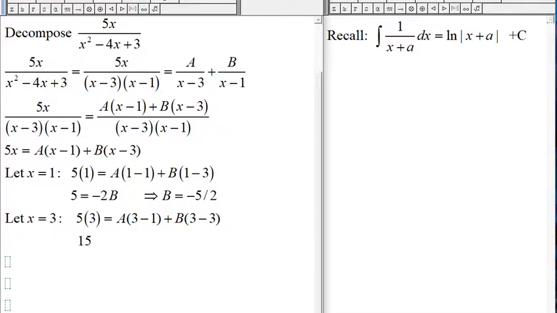So now we have 15, and 3 minus 1 is 2, so we have 2a, and this part is 0, because 3 minus 3 is 0. Dividing by 2, we have a is equal to 15 halves.